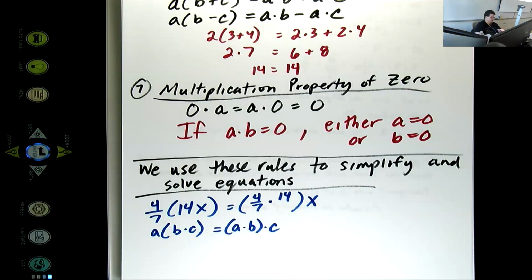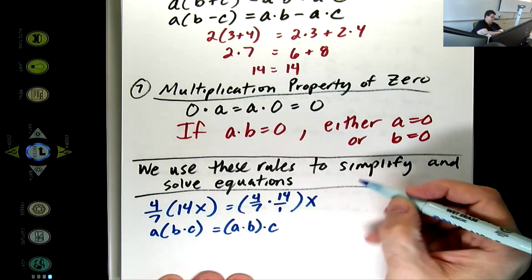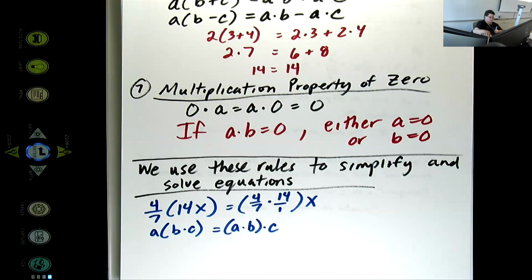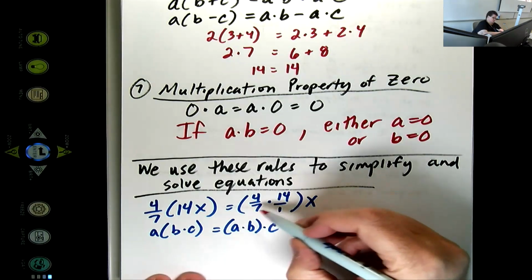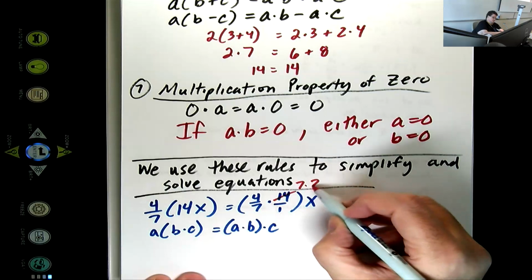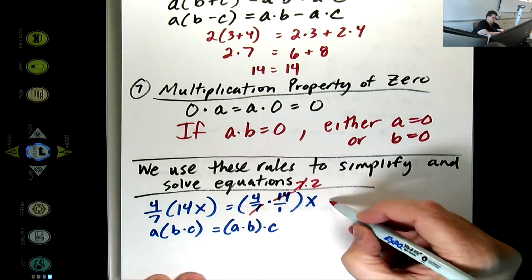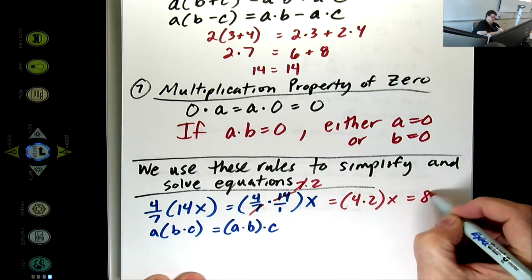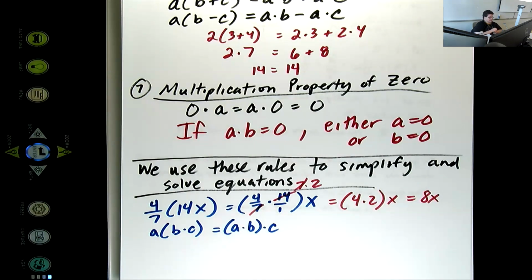I'm only showing it so that it looks like a formula. I wouldn't actually do it like this. I would just multiply the 4/7 and the 14. 14/7 is 2. And the 7's cancel, and I'm left with 4 times 2x, which is 8x. So that's the simplified form.